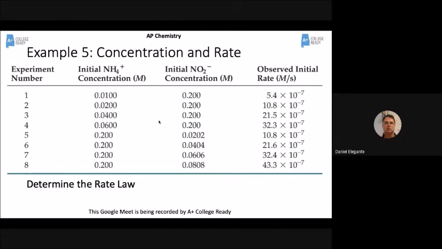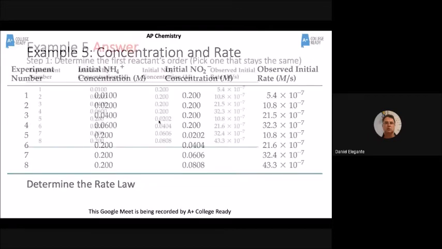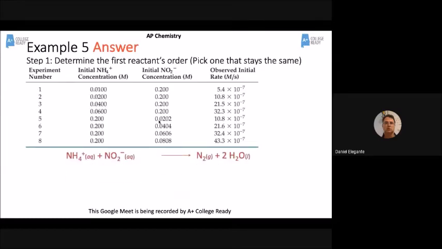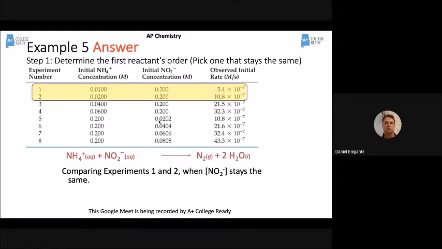And you can pick any trial that changes, but the other ones kept constant. Doesn't matter what trial you pick, but these are the ones I picked. There's our reaction. I'm going to compare experiments 1 and 2. So NO2 stays the same, but the NH4 basically doubles.